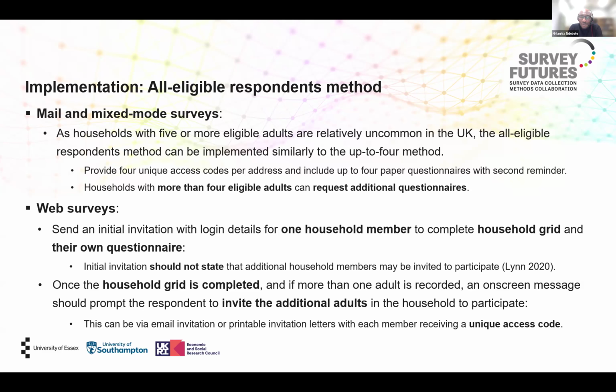We found in a study that where people are informed in advance that other members are going to be invited to participate, they overstated the size of the household, because then they'll gain additional incentives for it. So the recommendation is not to state that additional members may be invited to participate.